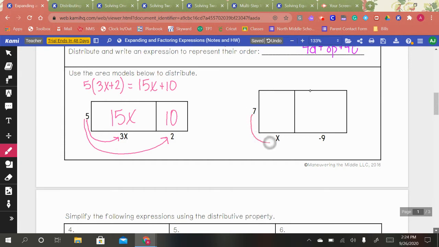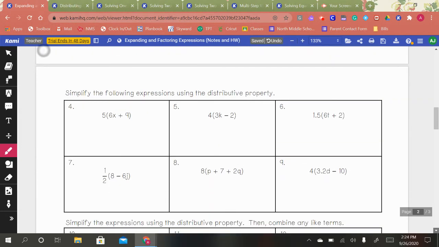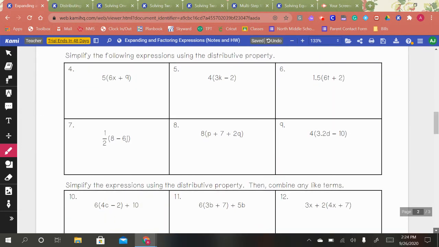Same thing on the next one, 7 times x, 7 times negative 9. And again, when I write the problem out away from the area model, I have 7 parentheses x minus 9. Then when we distribute, we have 7x minus 63.